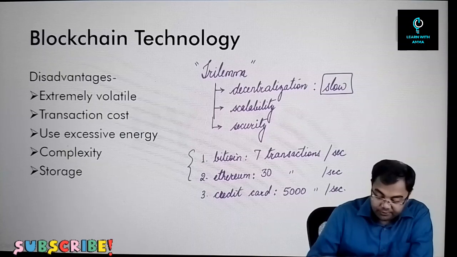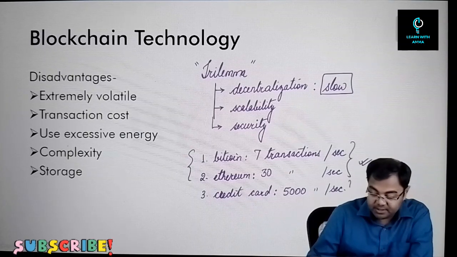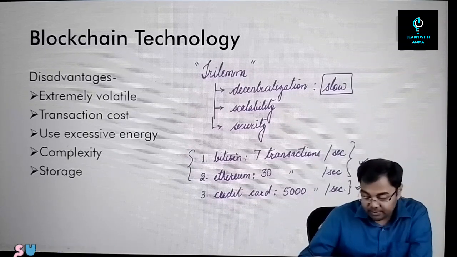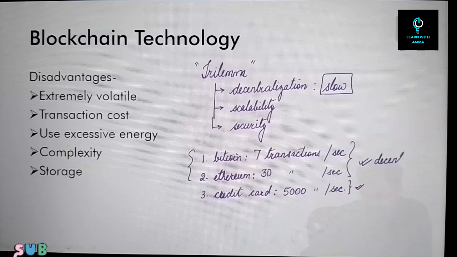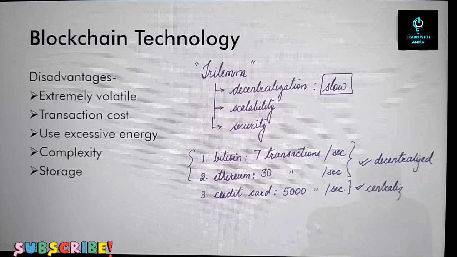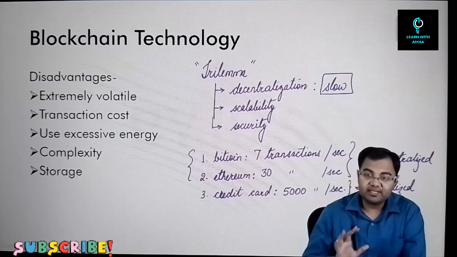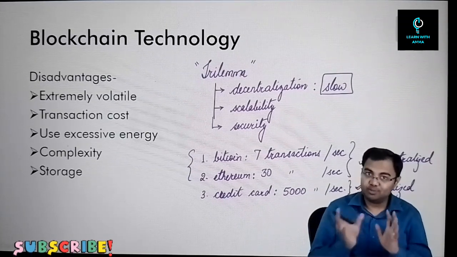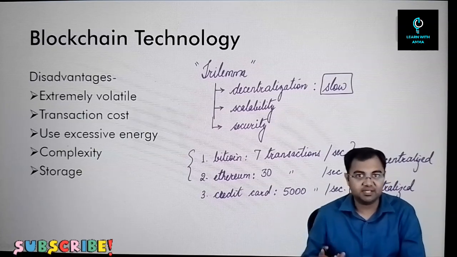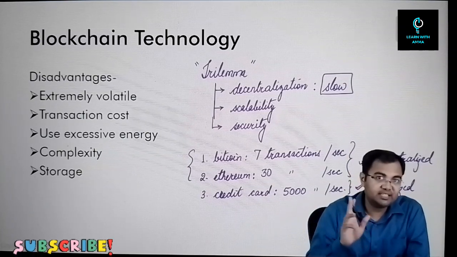Just look at the difference between a decentralized system and a centralized system, correct? These two are decentralized systems and this is a centralized system. So a decentralized system is much slower as compared to a centralized system. This is one big challenge as well.